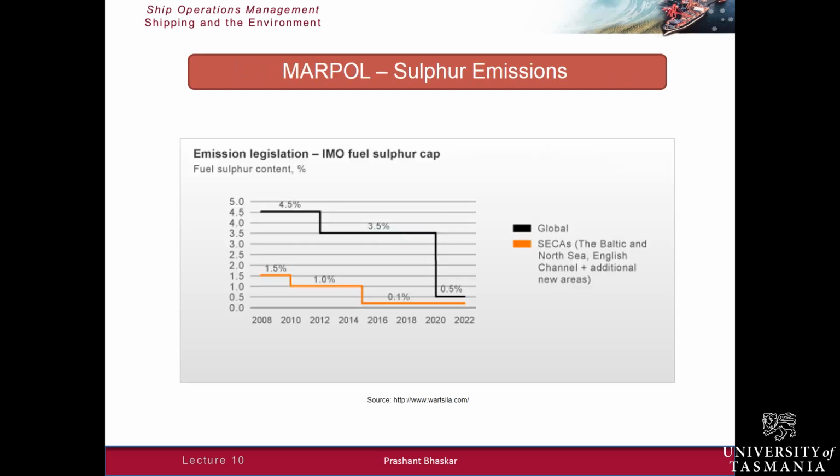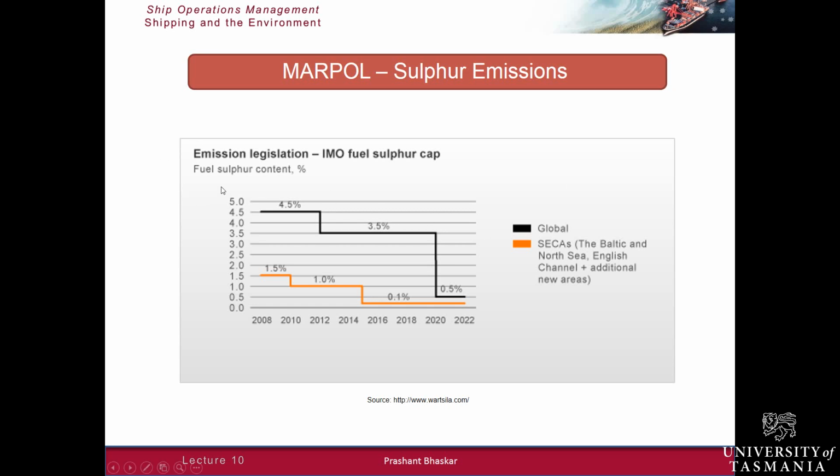So if we look at the requirements for fuel, on this slide, what you can see is that the limit of the sulfur content in the fuel is being progressively reduced. You've got two lines there. One is the black line and one is the orange line.